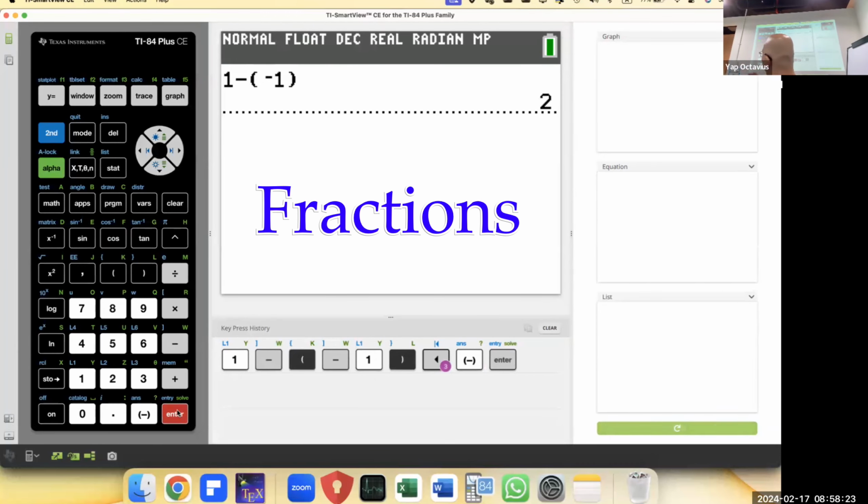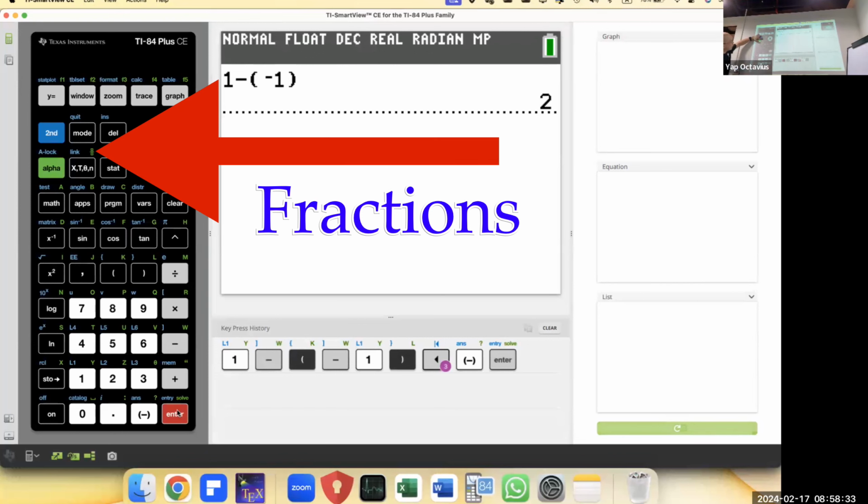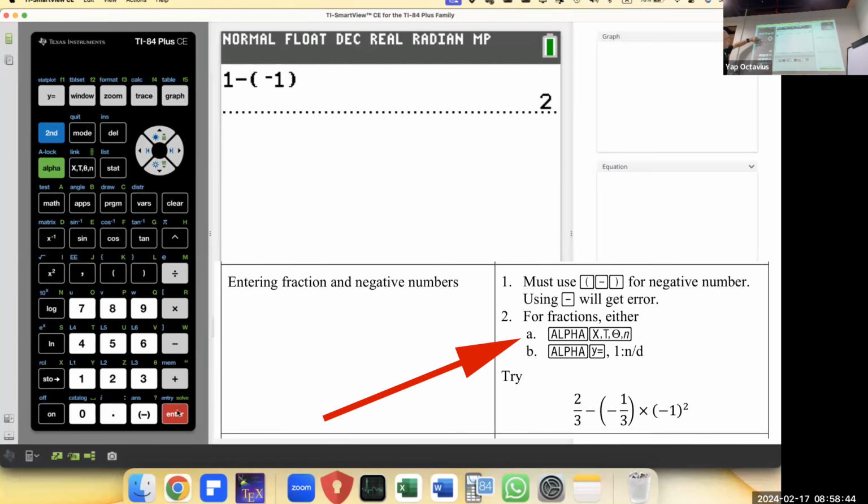Okay. Second, we need to handle fraction. Fraction last time got a very convenient button there. Now the fraction button is not there. You'll notice that there's a fraction button here, and it's in green. Anything in green is activated by the alpha. Anything in blue is activated by the second. So you can try alpha, then you press this, the fraction part will appear.